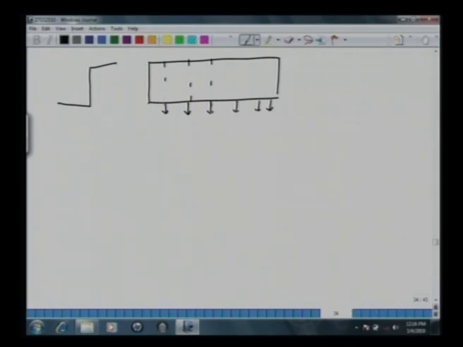You will expect that as you go along this Z length, this length got saturated earlier. If you monitor the concentration here, it has taken slightly longer. Here it has taken a longer time, and at the exit we have a profile like this. So this is what we call breakthrough response.